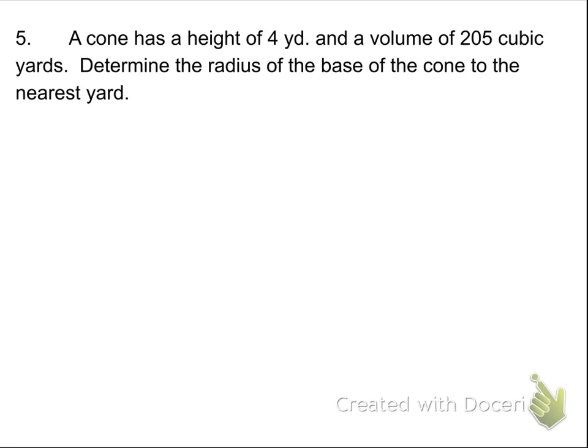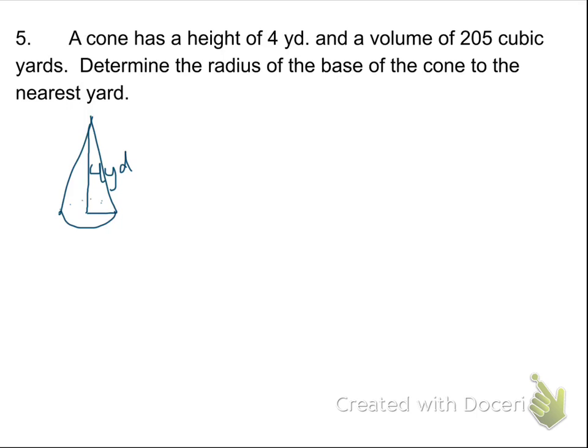Now, if we have a height of 4 and the volume being 205 cubic yards, we need to work backwards to find the radius. So again, we've got a cone, and we know that the height straight to the middle of that circle is 4 yards, and we want to know what is the radius.